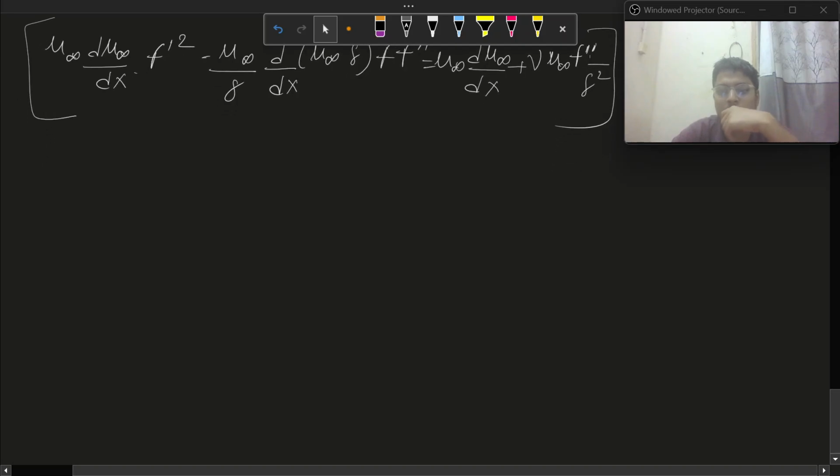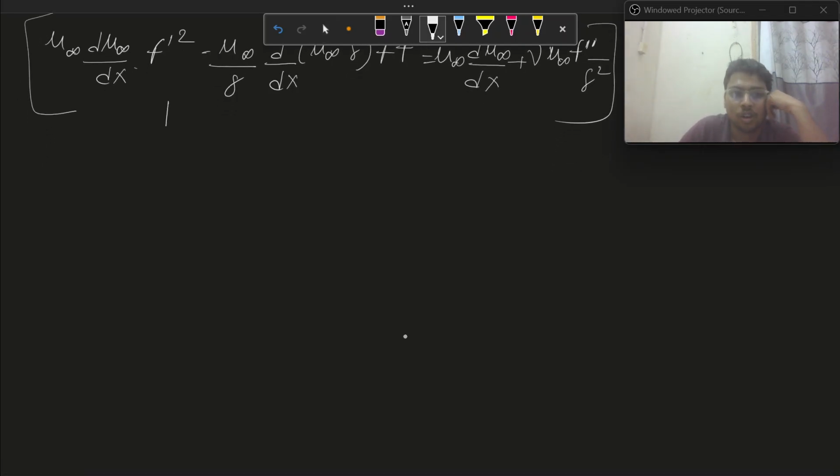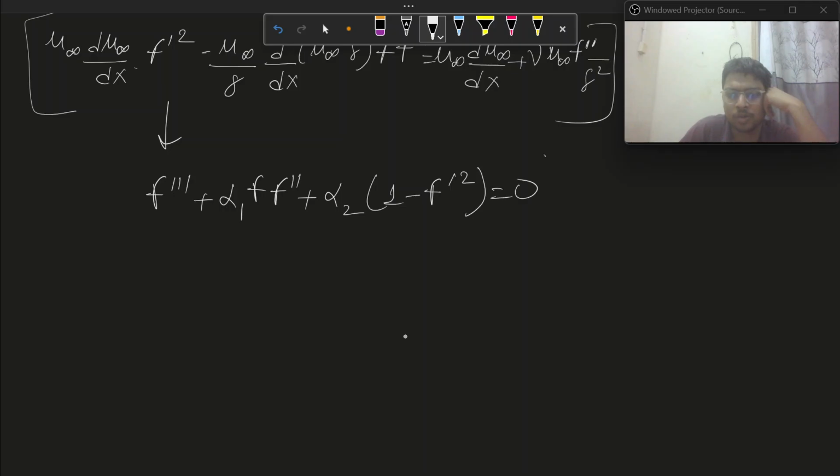Okay, so after solving all of this, we get f triple dash plus α1 f f double dash plus α2 (1 minus f dash square) equal to 0.